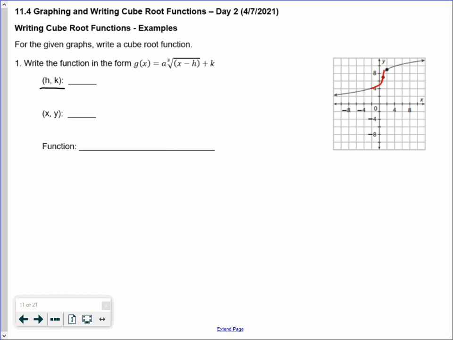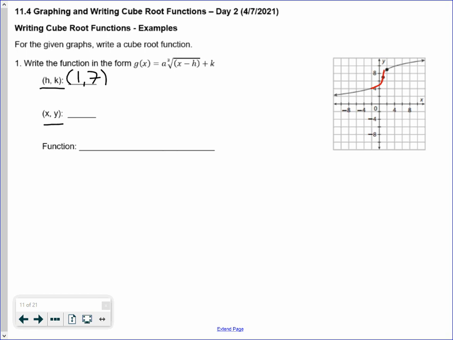In this case, our hk point is 1, 7. That point right in the middle of that vertical part is 1, 7. So that's going to be our hk point. Now we need to choose an xy point on the graph so we can figure out what our a is going to be.